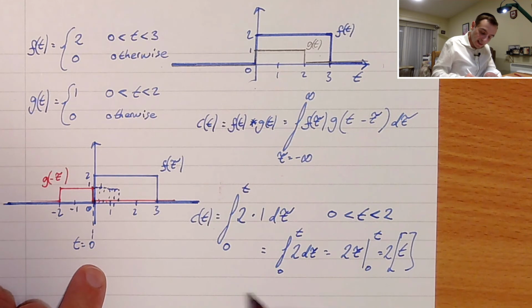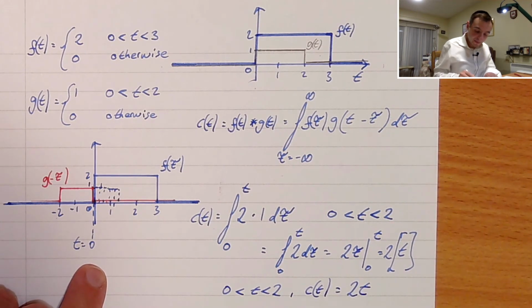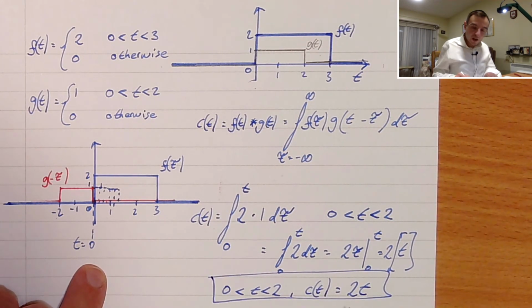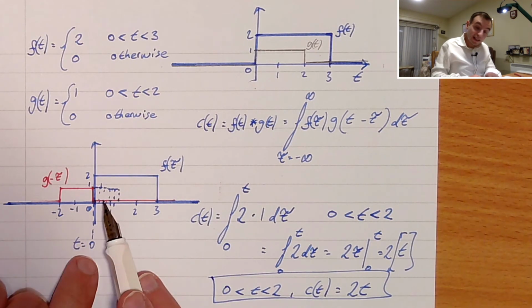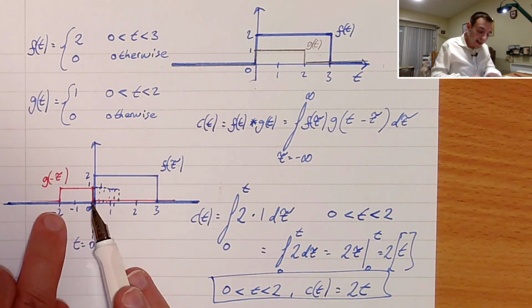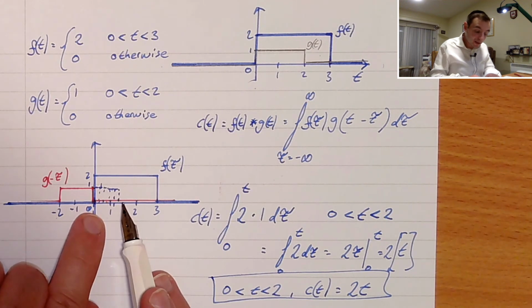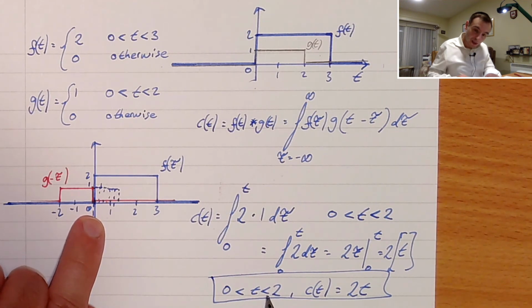So we can say that between 0 and 2, the convolution function is 2t, which kind of makes sense because the magnitude of the area of overlap is going to be increasing as this red box moves into the blue box, but only up to when t equals 2.